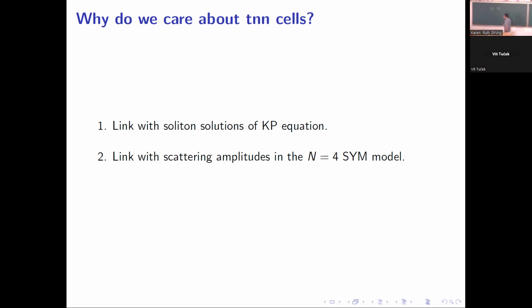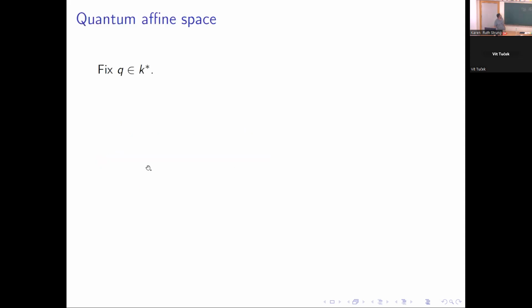So hence why I was interested in these kinds of objects, and also because I like this theory. It's quite fun. If you want to explain that to your first-year students, you can discuss this object. So it's not very often I can do that.